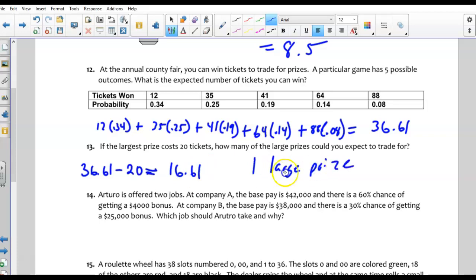I'm going to leave with one large prize, and I'm going to have 16.61 remaining tickets. Told you my handwriting is bad. If you're not my student, you probably don't know that, but yeah, that's bad right there. So one large prize for the day. Yeah, let's keep going.